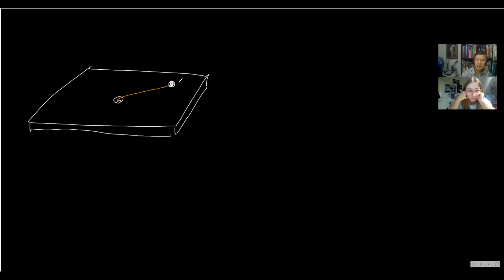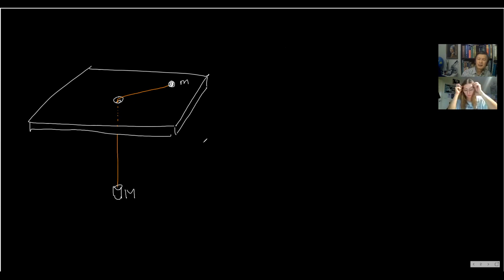So the object has mass m, and it is connected with a weight. You put the weight here. So this is another object with mass capital M.